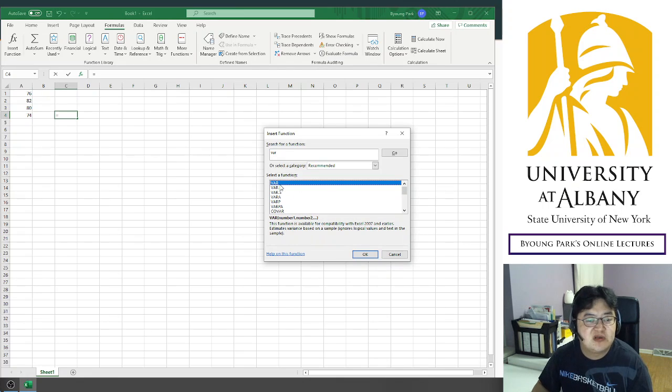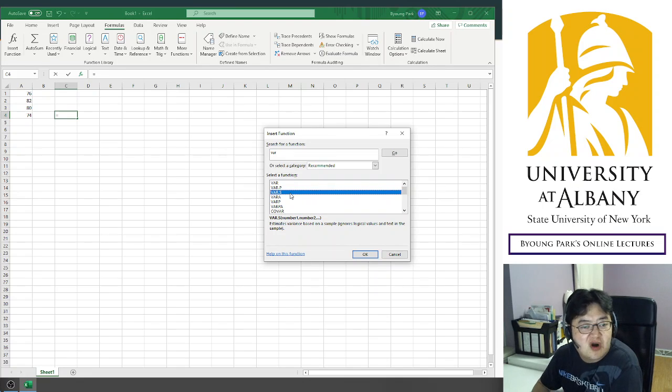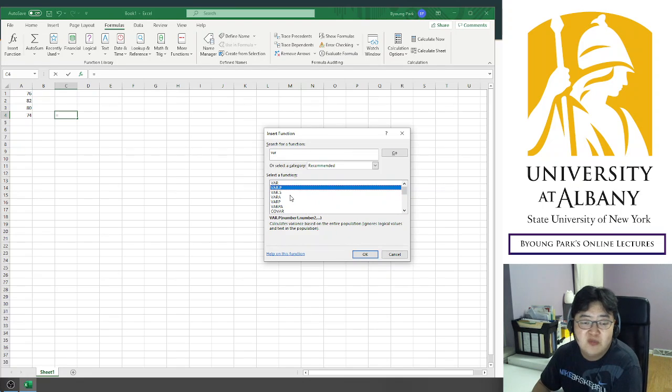VAR is actually obsolete, I think. It was used in 2007 or earlier. These days, these two are the main Excel formulas for variance. VAR.P is the population formula, and VAR.S is based on a sample.